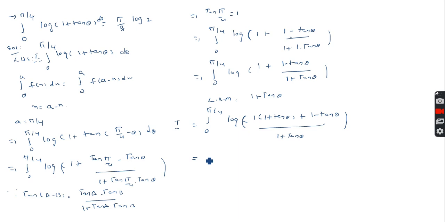So we get the integral from 0 to pi by 4 of log of 1 plus tan theta plus 1 minus tan theta by 1 plus tan theta. Here minus tan theta and plus tan theta cancel, and we get the integral from 0 to pi by 4 of log of 2 by 1 plus tan theta.